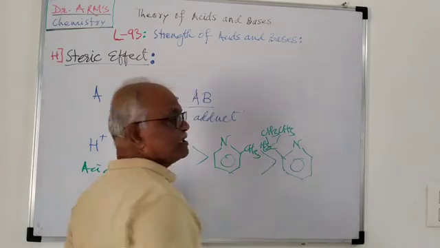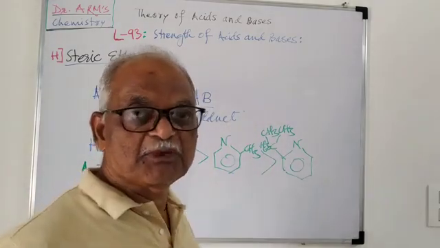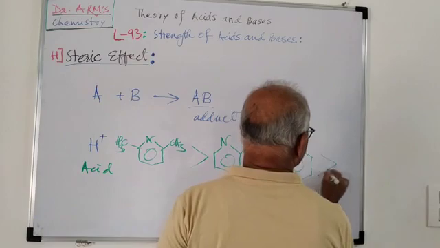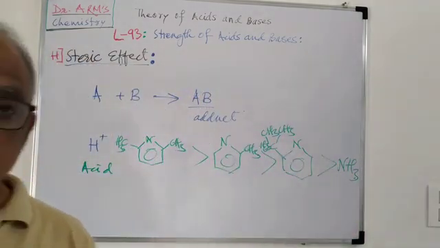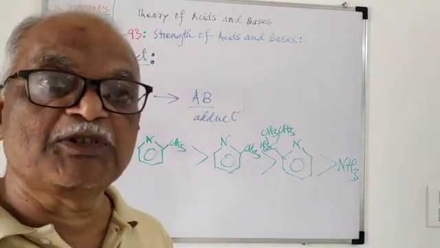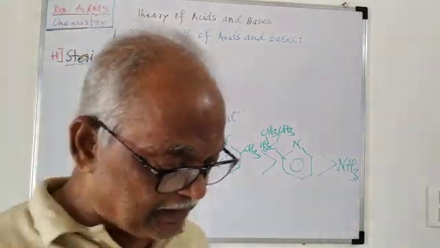This is 2-tertiary butylpyridine, and this is NH. So the order of the basic strength of the base is like this.